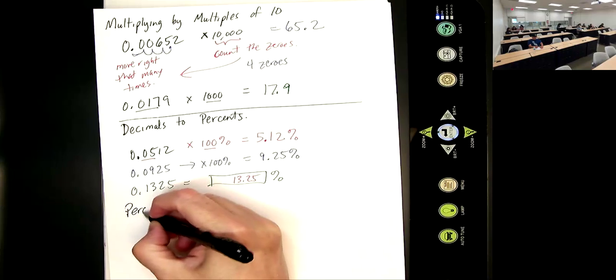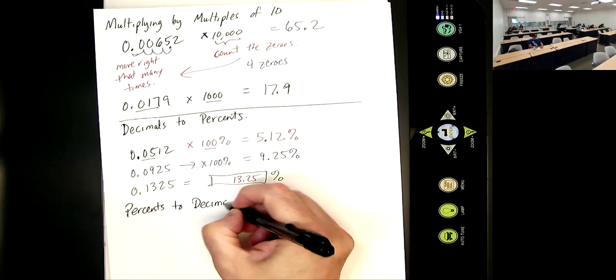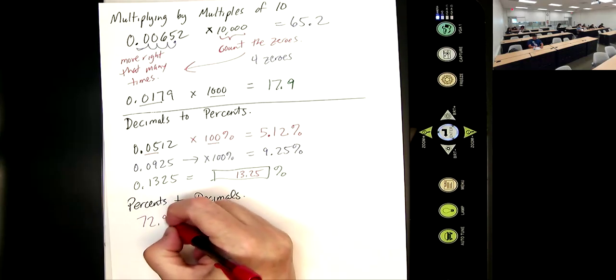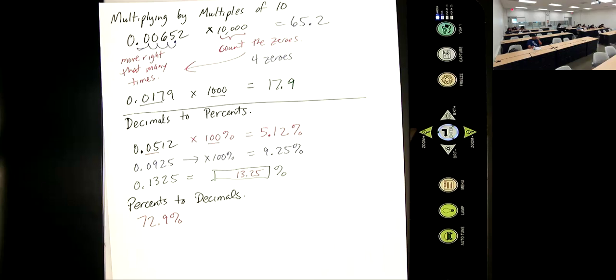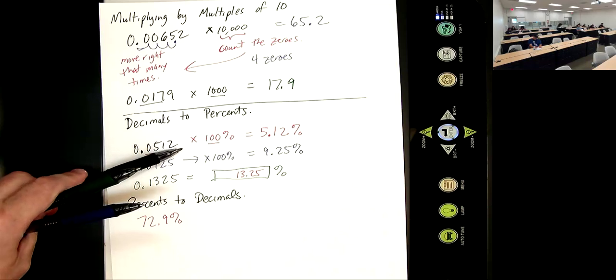Percents to decimals. Say we've got 72.9%. So to go to a percent, we had to multiply by 100%.